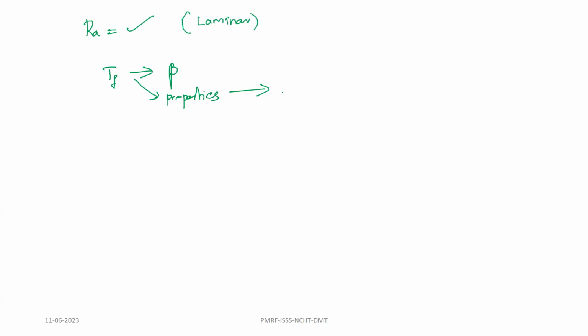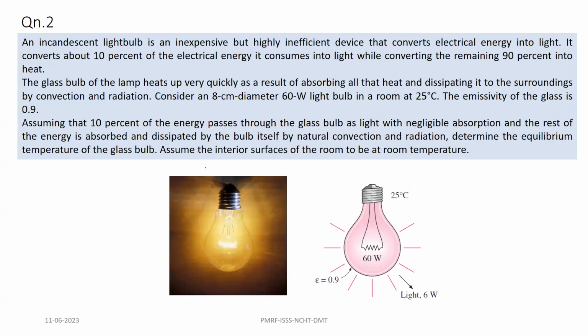From the properties, we go to the Nusselt number correlation. From the Nusselt number correlation, we determine h bar. From h bar, we use the heat equation h A delta T and determine the amount of heat to supply. Okay, so I hope that is clear.